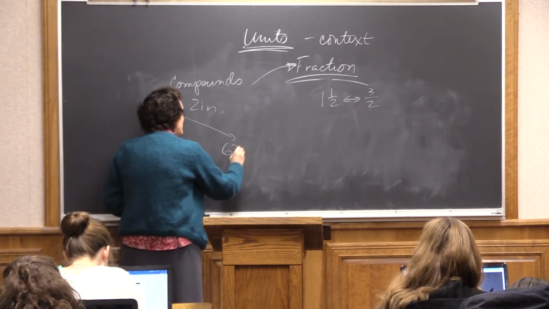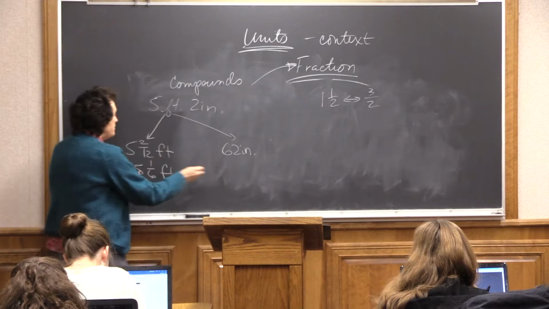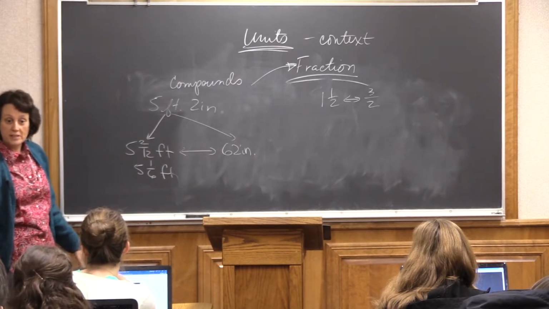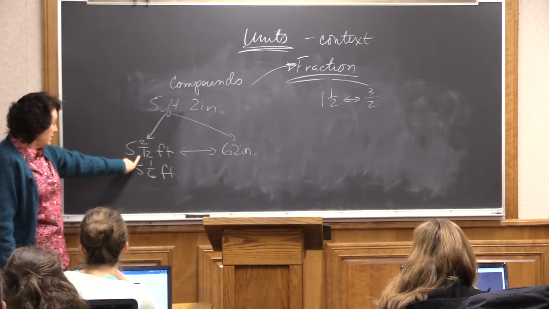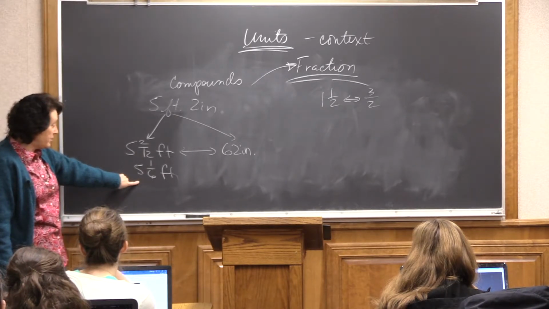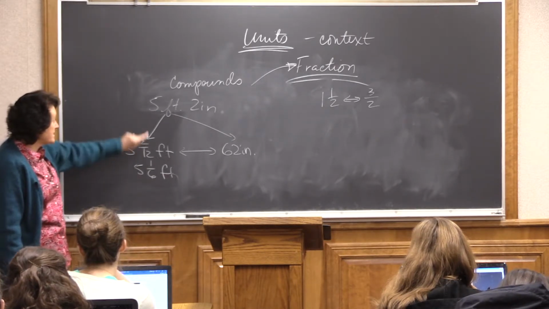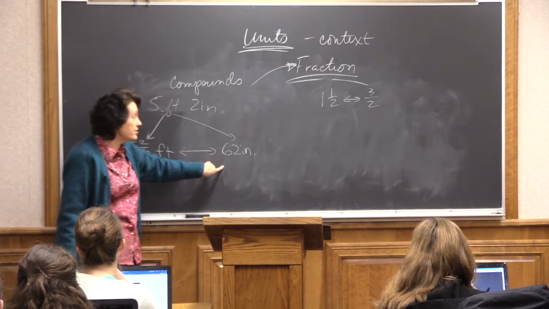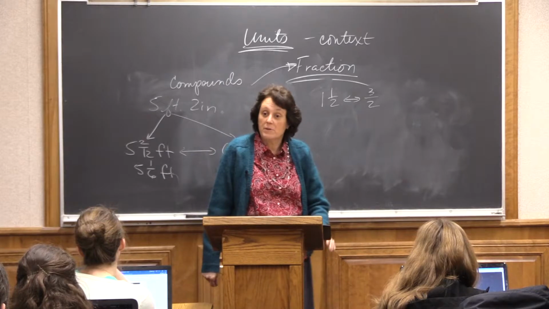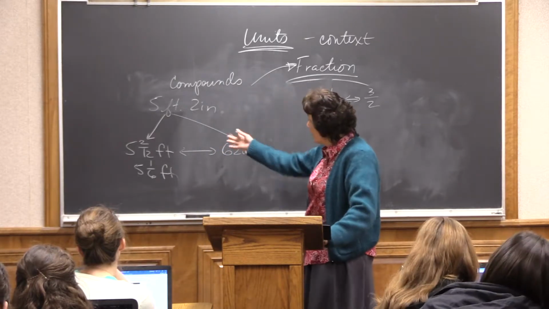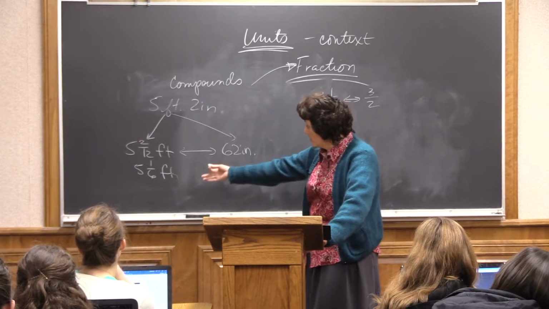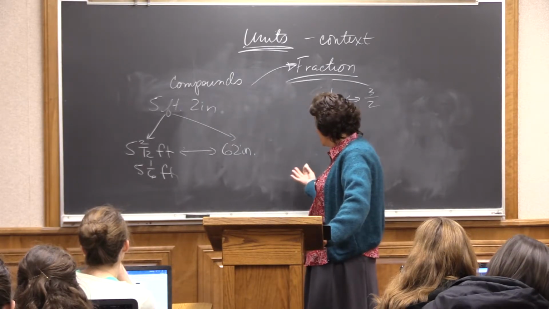This is 62 inches. We have to learn to manipulate, don't we? 5 1/6 feet is the same as 5 foot 2 is the same as 62 inches. It's exactly the same depending on what we're doing with our measurement. We have to be able to convert it all to feet, convert it all to inches.